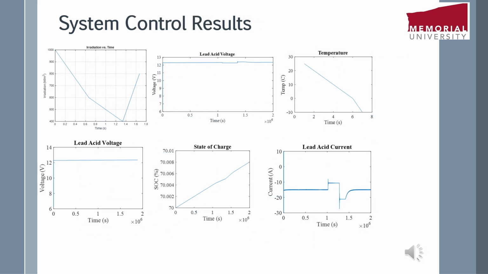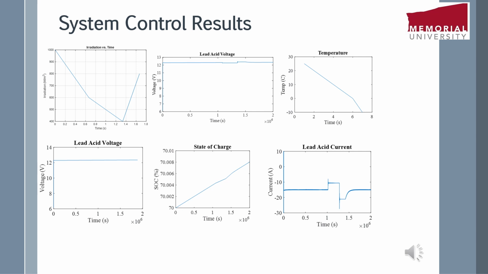So after implementing our control system, we can see from the results displayed here that we varied the irradiation as time went on. And based on the variation, looking at the lead acid voltage, it remained constant. The temperature was also varied, reduced from 25 to minus 10 degrees Celsius. The lead acid voltage stayed constant.